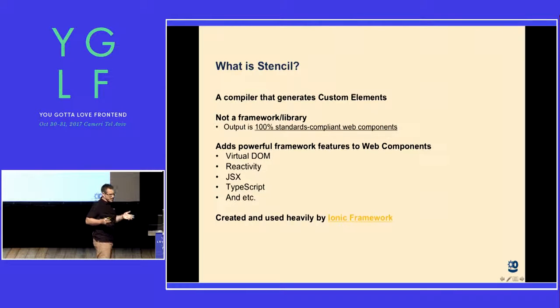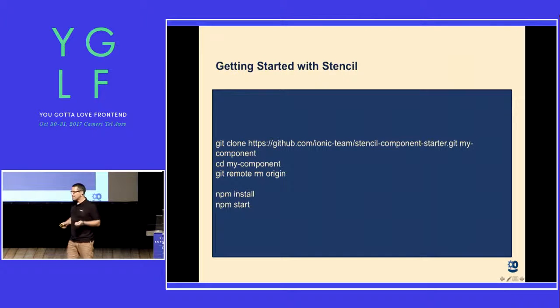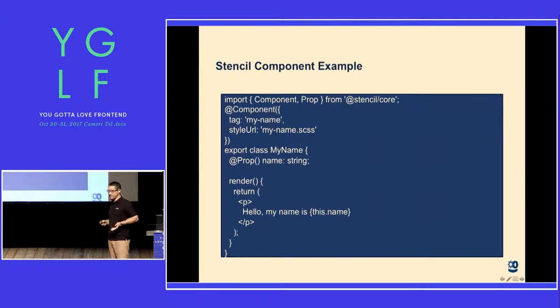Who is creating that compiler? The Ionic team, the Ionic framework team, created Stencil, and all Ionic core is currently replaced to Stencil. So if you want to get started with Stencil, what you are going to do is, first of all, clone the Stencil component starter, and npm install and run, and you have your first component. What does it look like?